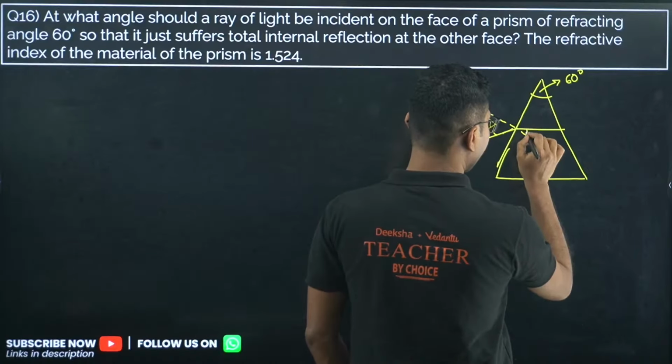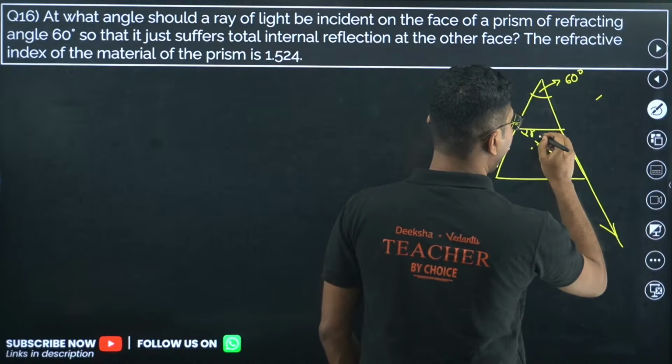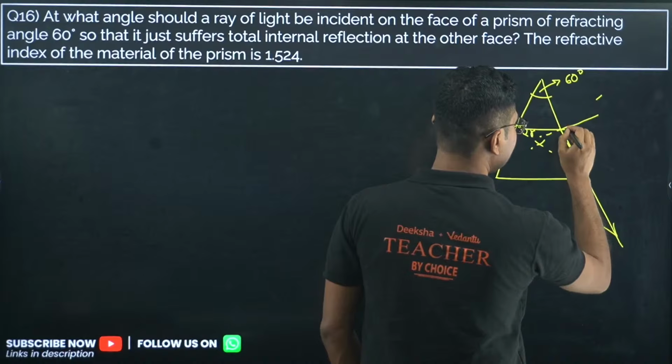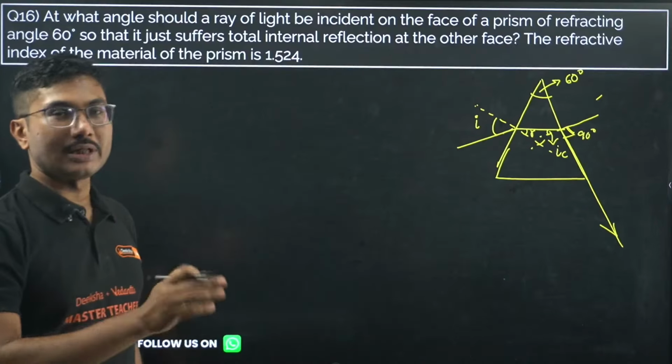So this angle is 90 degrees. Any angle slightly more than this will suffer total internal reflection. This is the critical case. That means this angle should be the critical angle between the media.